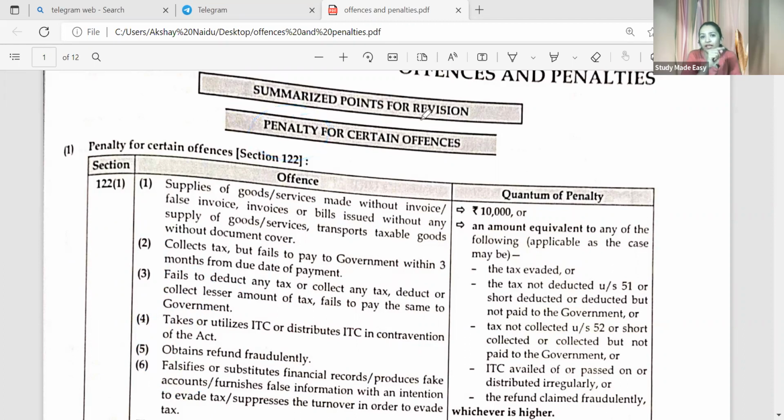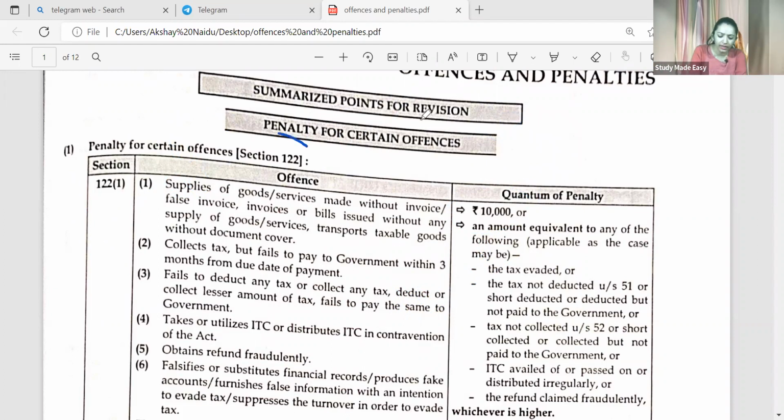But ma'am, penalty has already been given in the demand chapter. So if the demand chapter's penalty is applicable, you will not apply this chapter's penalty. So it is mutually exclusive. You will not apply this chapter's penalty, and somewhere you will find the penalty is the same for demand and this; the penalties are the same. So basically, whenever there is a demand, it could be a 73 or 74 demand, there would be penalty. So first you file the return, then there is your assessment. After assessment, there is demand and recovery, and then after demand and recovery, the offense and penalty chapter comes. That means it is all together in a link.